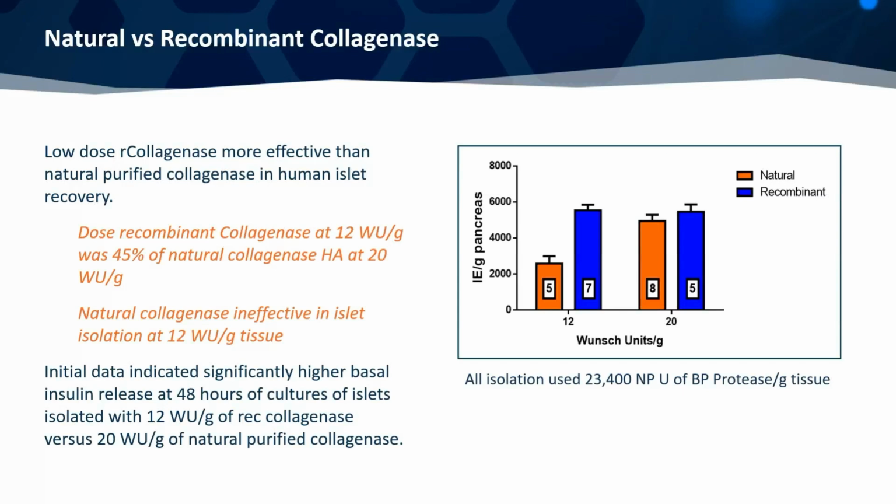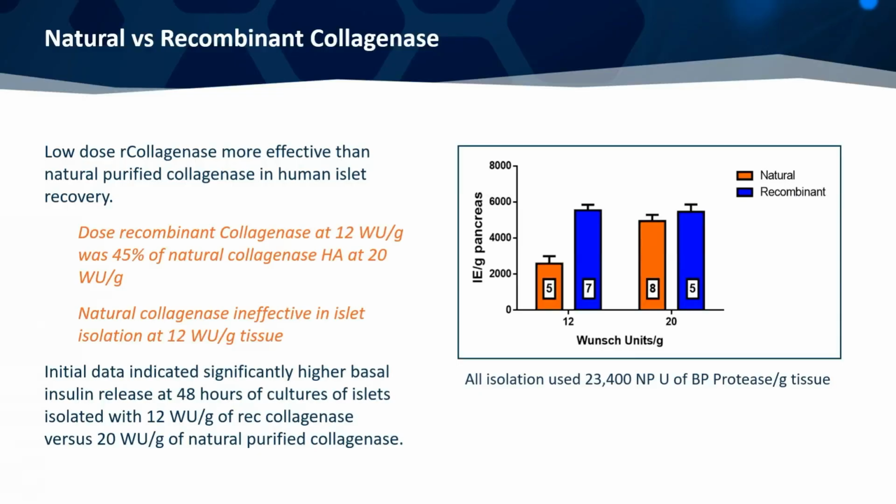Interestingly enough, the other aspect that's come out in subsequent studies, and it was also indicated in Bala's early work, is that you actually have better function when you use lower amounts of collagenase.